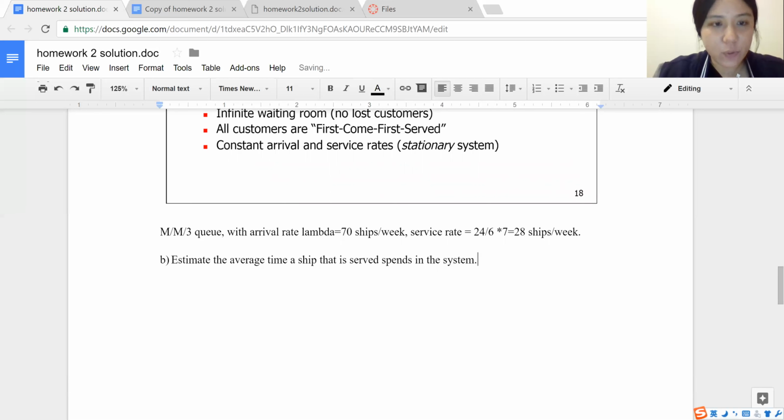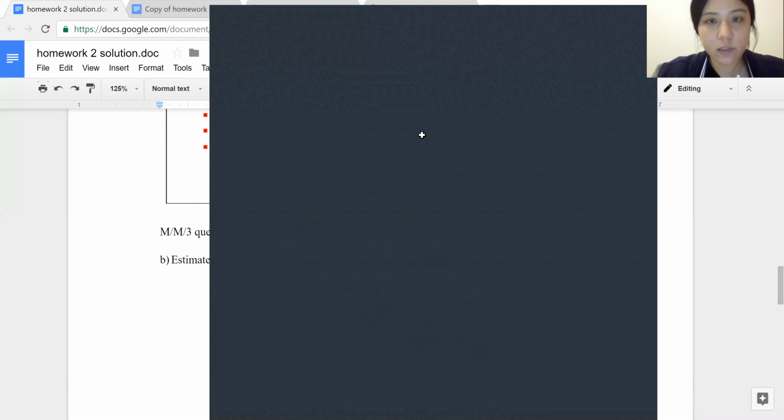Next, let's look at question B. Estimate the average time a ship that is served spends in the system. So we need to calculate the wait time in the system. Since we know it's an M/M/3 queue, we don't know how to calculate it by hand, so we use Excel.